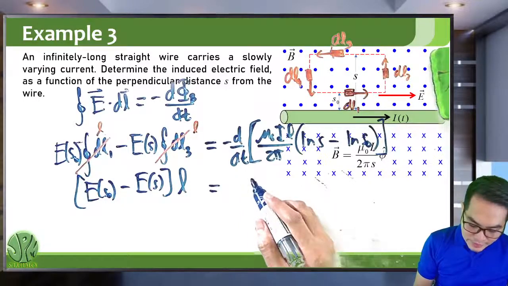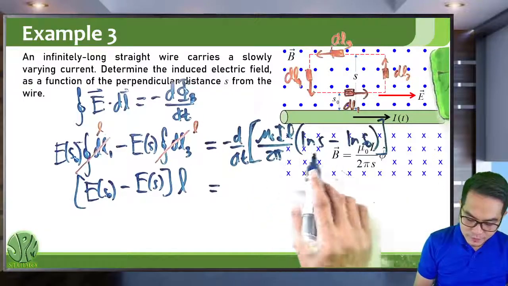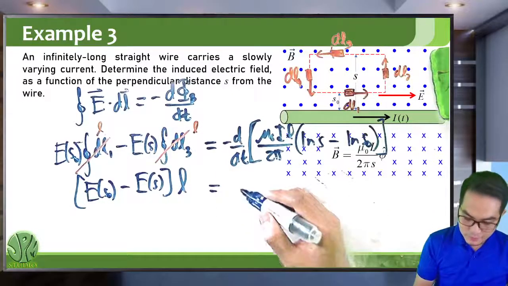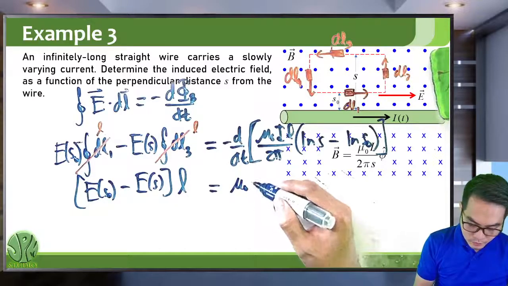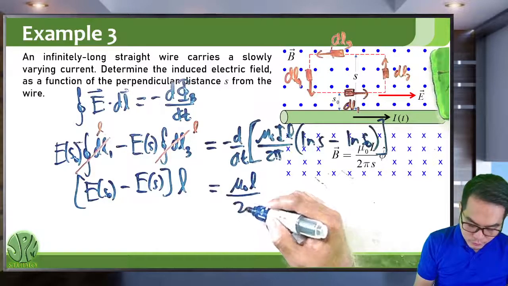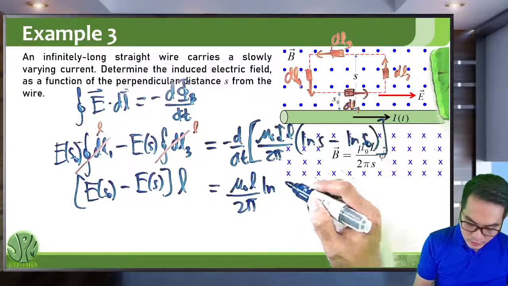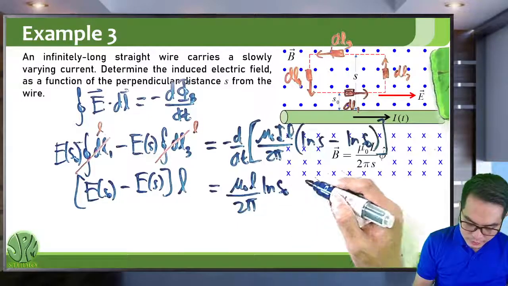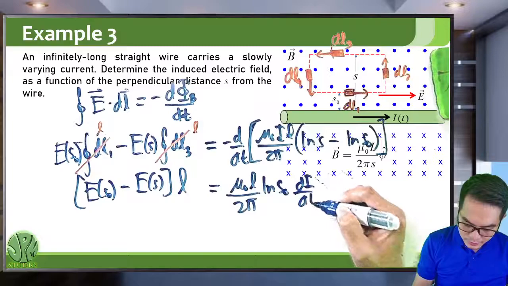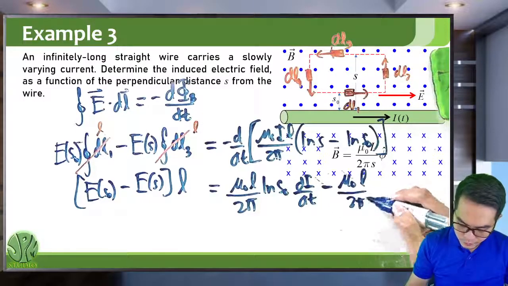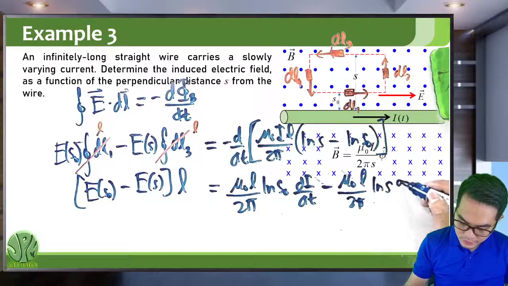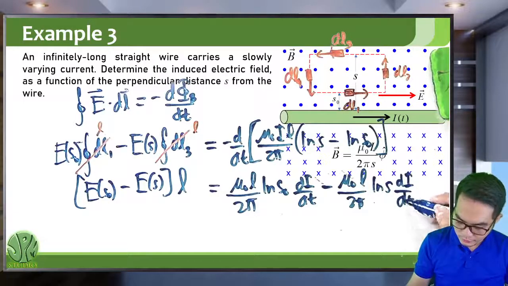So negative, negative, you get positive. I will get mu naught L over 2 pi ln of S naught di dt, minus mu naught L over 2 pi ln of S di dt.